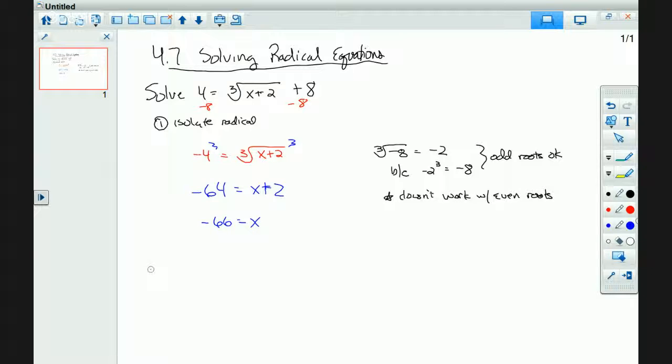Okay, so you do have to check your answer. Does that work? Okay, negative 64? Right. The root of negative 64 is... does that work?